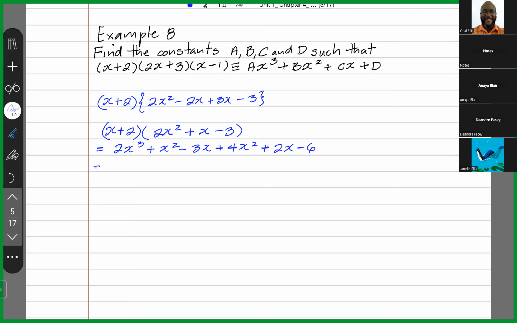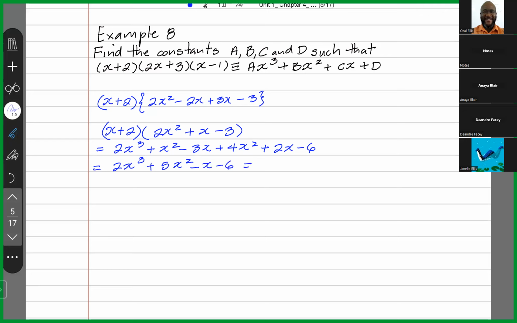Let's simplify. We get 2x cubed plus 5x squared, minus 3x plus 2x is minus x. And of course, the constant term is minus 6.